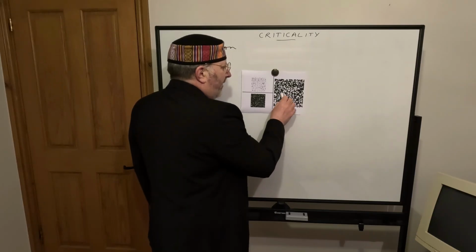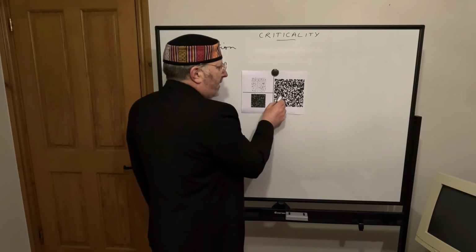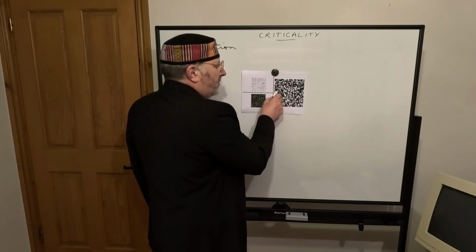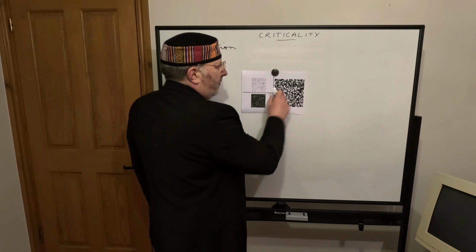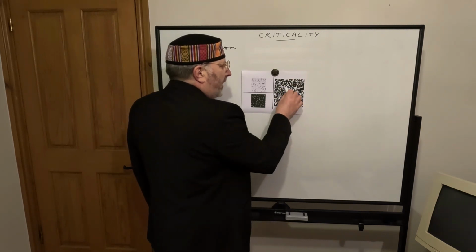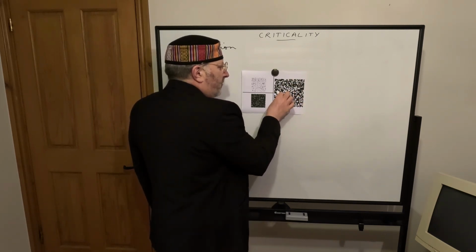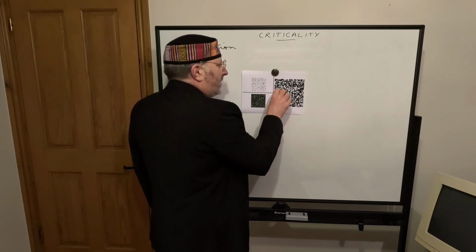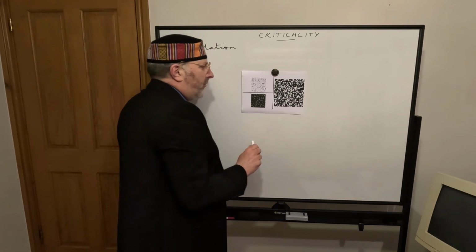Also, here we've got a patch of black which also has patches of white within it, and if we did this on a bigger scale we might find patches of white within black, and they would have patches of black within the white within the black, and so on. So this is like the critical state that we saw with the example of ice and water.